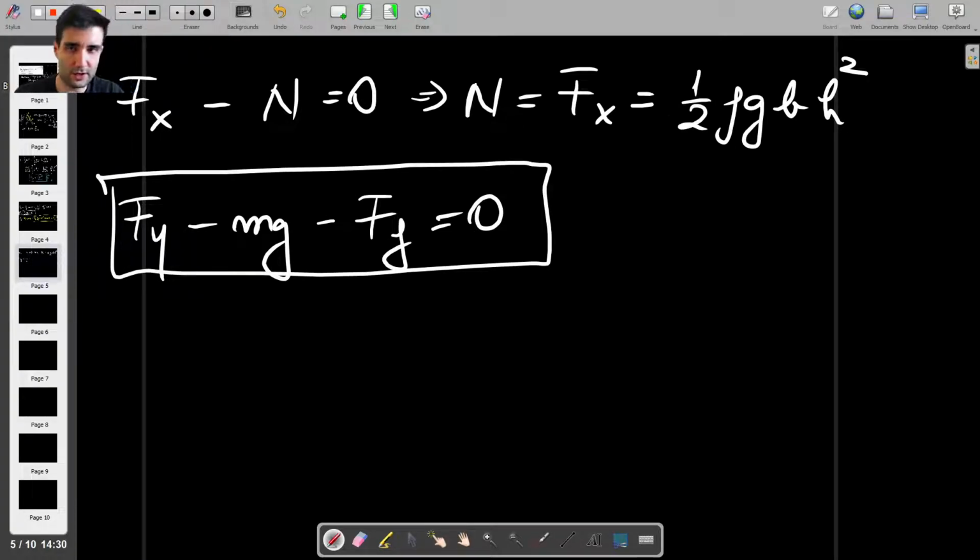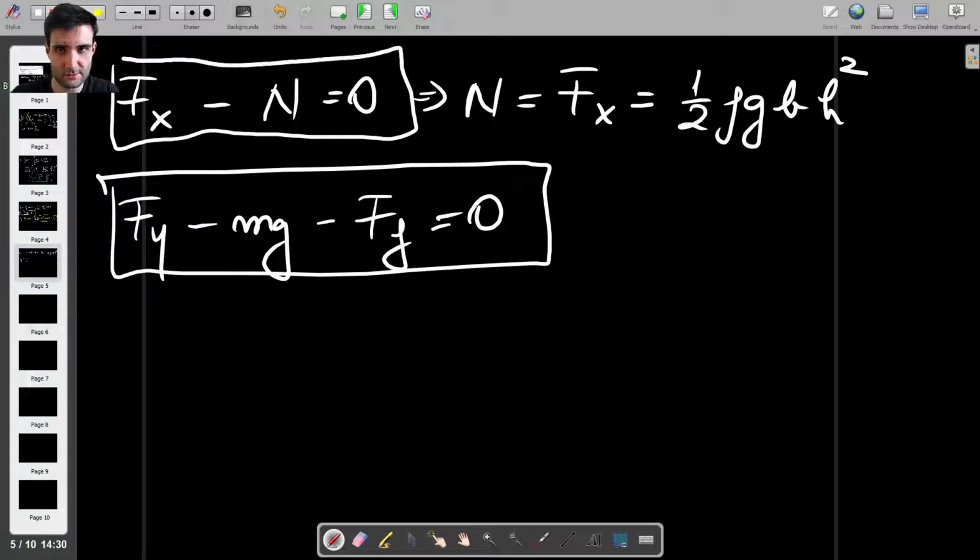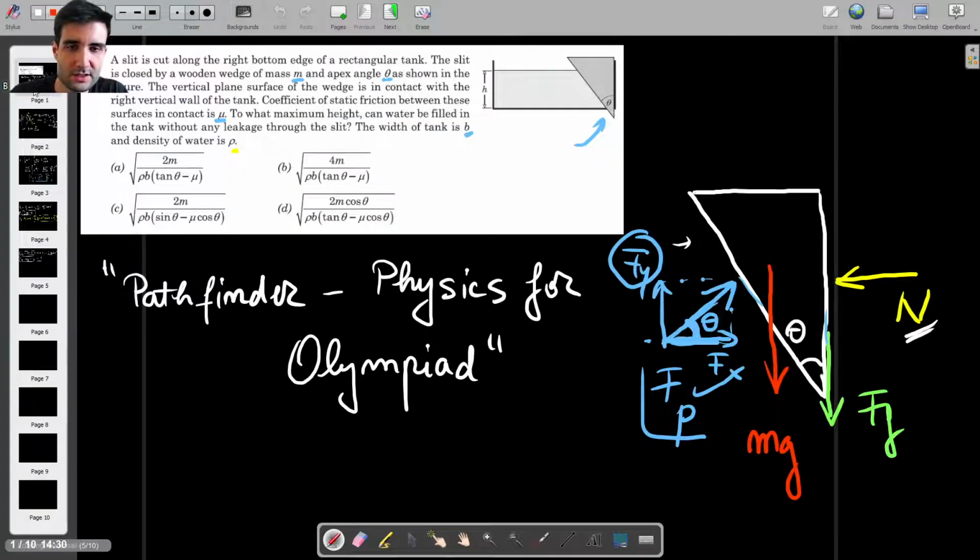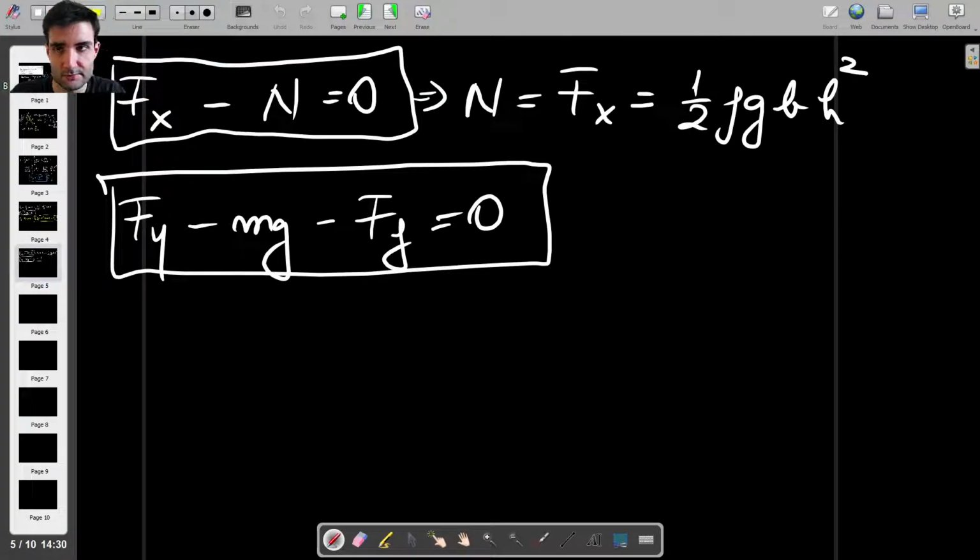Now, this equation, as well as this equation, as long as the wedge is stationary, those two equations are true. Now, what the question is asking us to find is what's the depth or what's the height h at which the wedge just pops out of the hole of the slit. And at that particular moment, something interesting happens, namely friction, right?